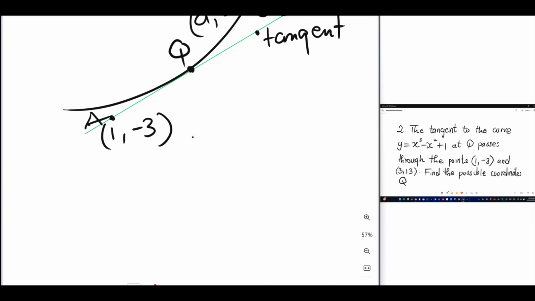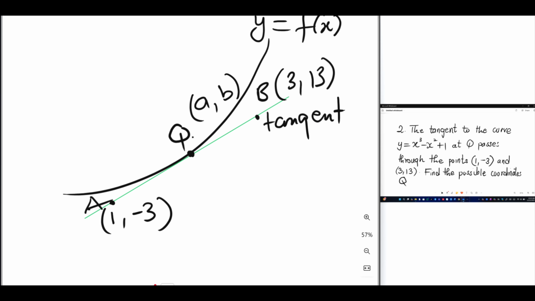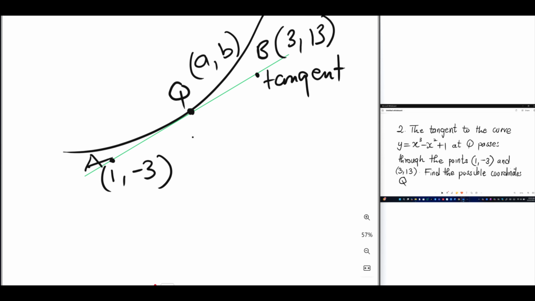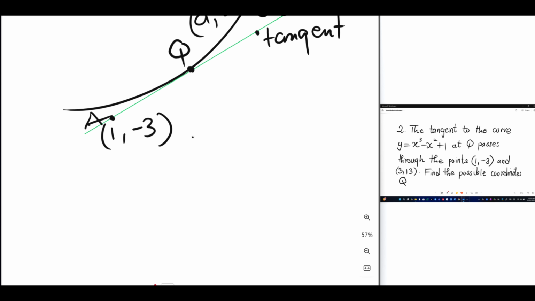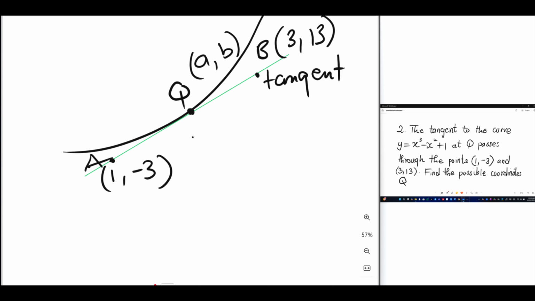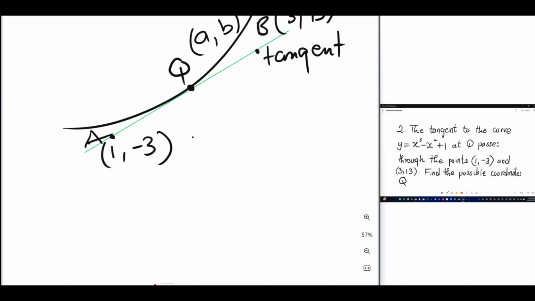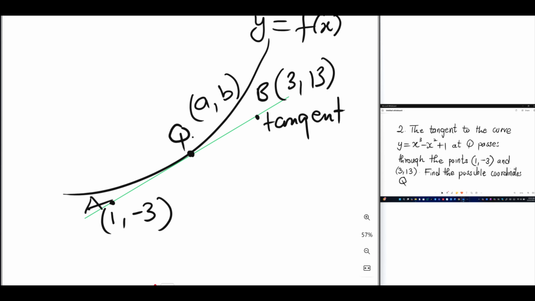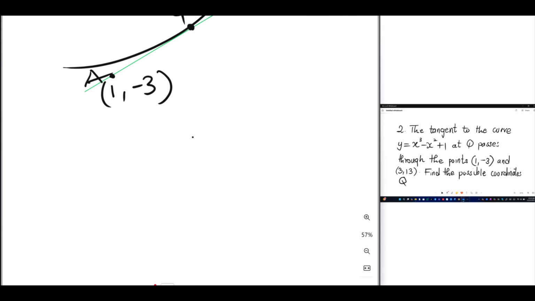Now, anytime we have a tangent to a curve, we learn that the gradient of a tangent to a given curve is the same as the gradient of the curve. So let us find the gradient of the tangent first. Since we have 2 points on the tangent, we are going to use the gradient formula, which is change in y over change in x.